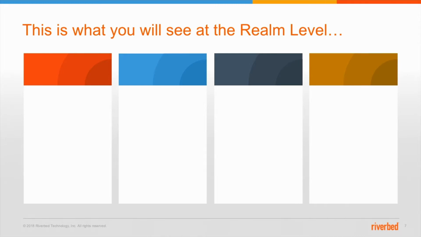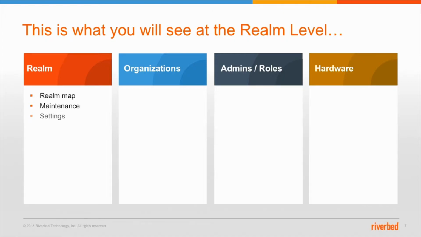As soon as you log into the SCM, you will land onto the realm page. On the left side of the GUI, you will notice multiple tabs such as realm, organizations, admins and their roles, and hardware. Further, within each tab, you will notice multiple tabs. So let's say under the realm tab, you will notice realm map, maintenance, settings, export settings, third-party integrations, and legal disclaimer.